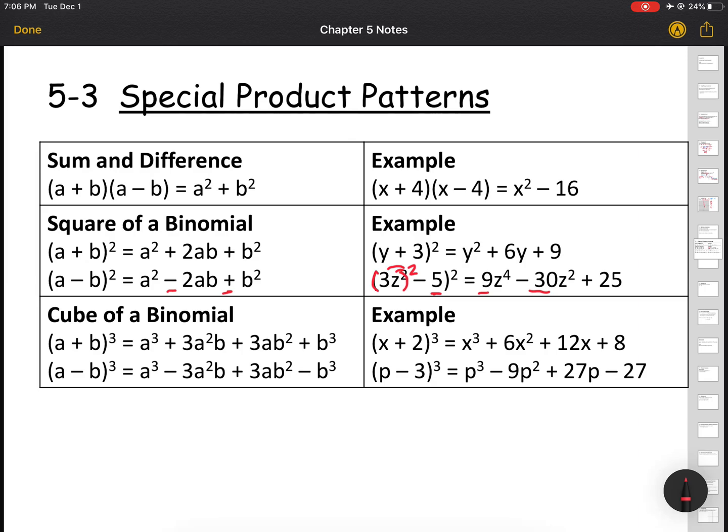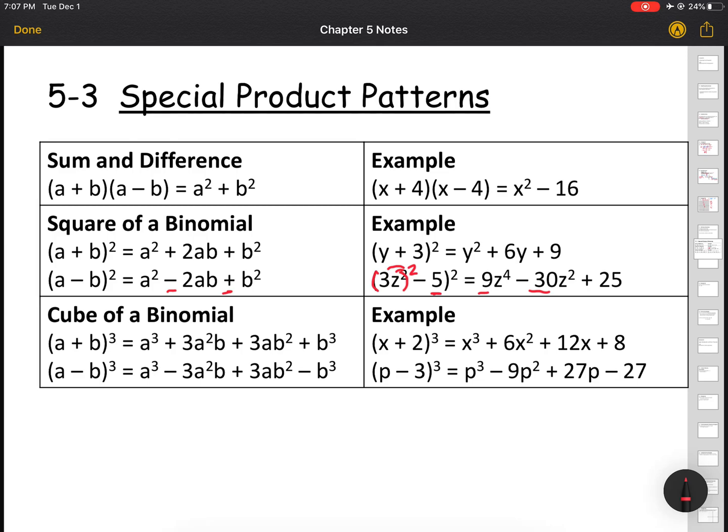But if I cube or make an exponent of 3 of a binomial, okay, so if I have the plus of it, a plus b to the third power, I have a to the third power, then I add 3 times a squared b, plus 3 times the a term times the b squared term, plus the cubed power of that b or second term.